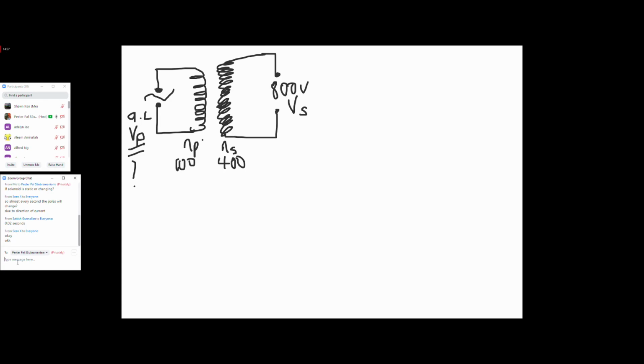So the formula: primary voltage over number of turns equals secondary voltage over number of turns. Primary voltage, don't know. Number of turns, 100. Secondary voltage, 800 volt.